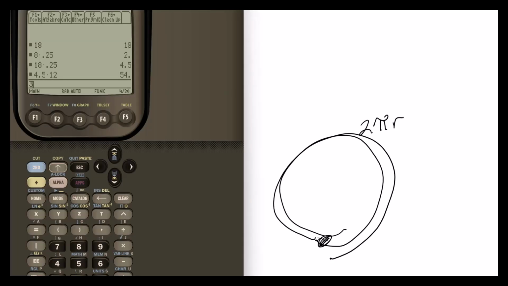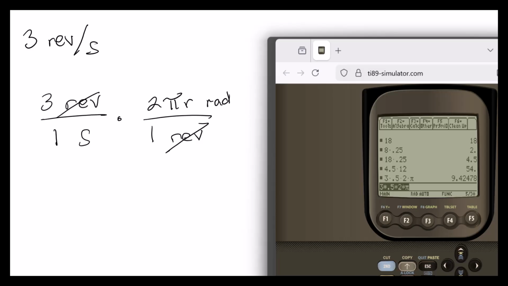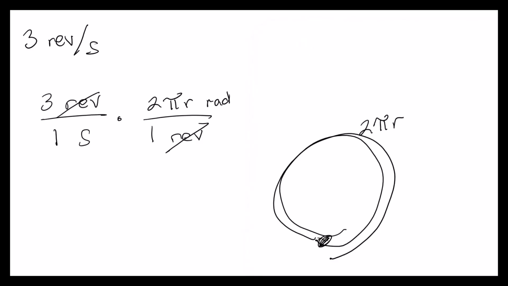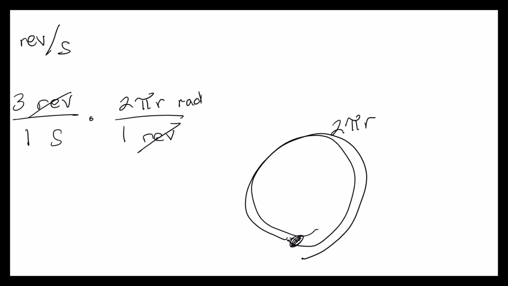So it would be 3 times 2 pi times r. Was it 0.5? Was it 2.5? This is why I should never be in charge of anything. 0.25. There we go, I knew I did something silly.